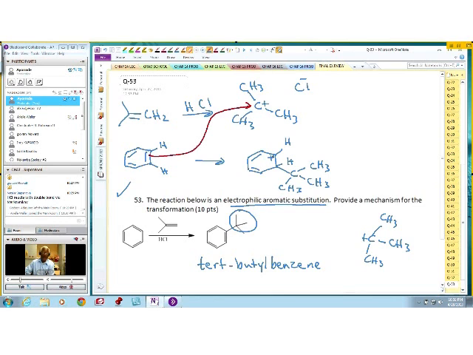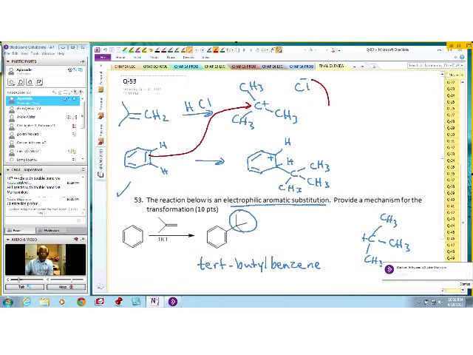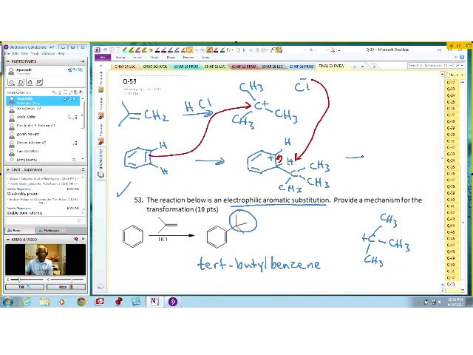So what is going to happen now? The chloride comes in and abstracts this proton. Very good, excellent. I'm glad you have not forgotten the mechanism of electrophilic aromatic substitution. It abstracts this proton, and the pair of electrons comes here to form a carbon-carbon double bond, thereby regenerating the aromatic ring system. So now you have this.